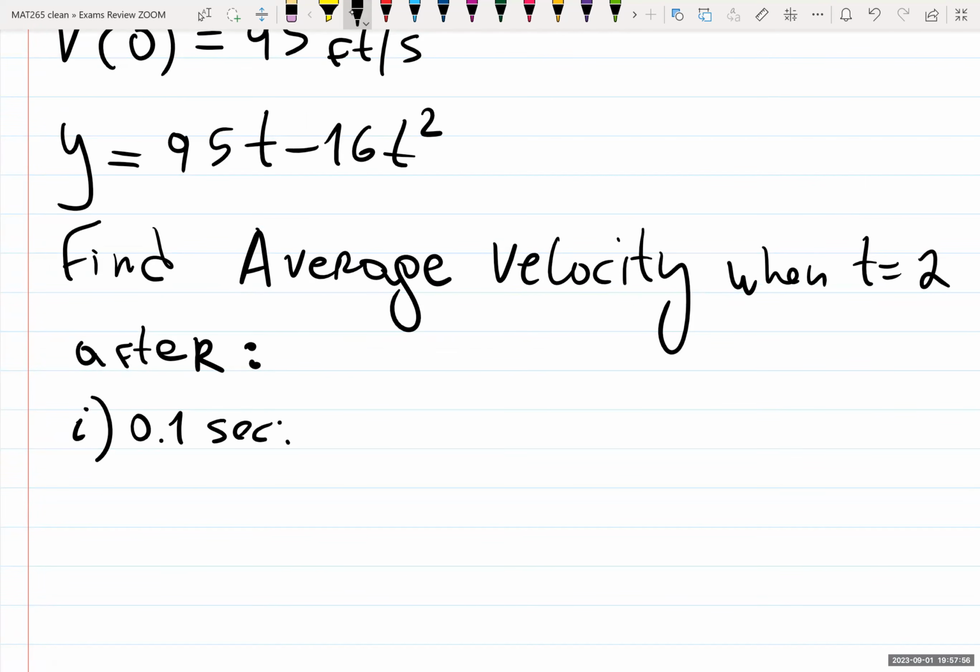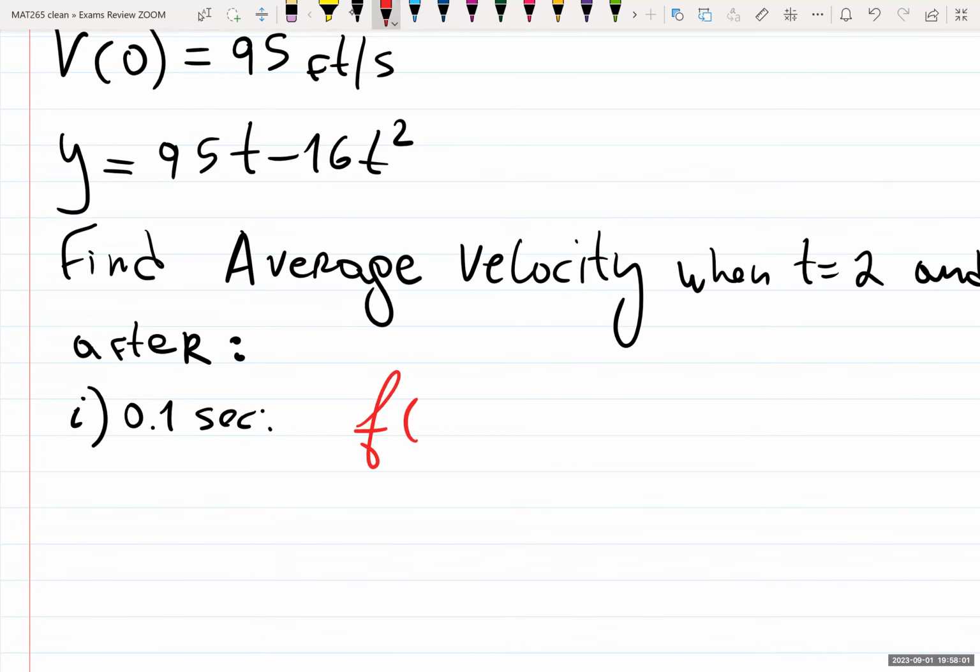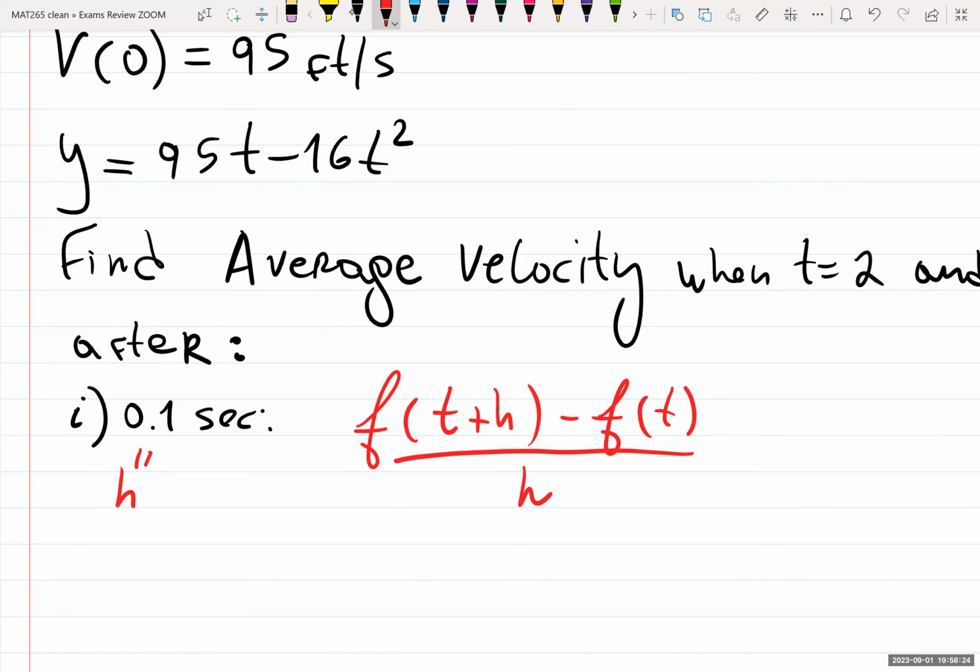0.1 seconds. They want you to use the original formula, which is f of t plus h minus f of t, divided by h. We don't have x here, we're using t because it's time. So h here is this 0.1 second, and then it will be 0.01, 0.001, and so on.